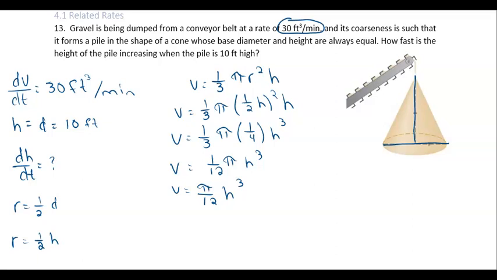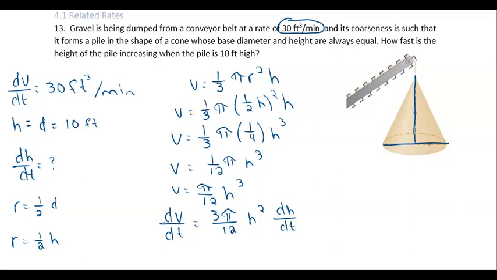Now, why do we need an equation? Well, if I want to figure out the rate of change of the volume, I need an equation for the volume so I can take its derivative. In order to get that rate of change, I need dV/dt, which means I need the derivative. So let's take our derivative. Bring down your power, subtract 1, derivative of h with respect to t.